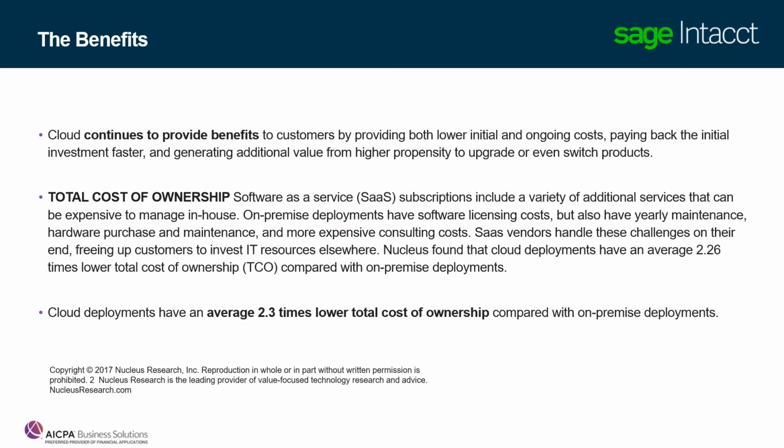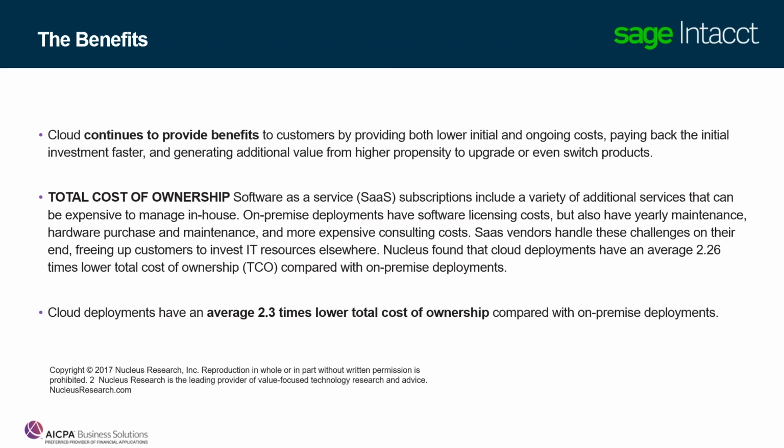When you look at the total cost of ownership here, you don't really need to have heavy IT resources, you don't need to have the heavy deployment for on-premise solutions and all of the hardware maintenance that goes along with an on-premise solution.